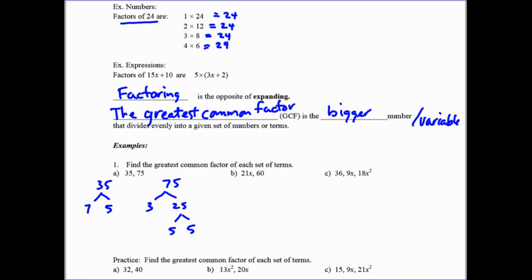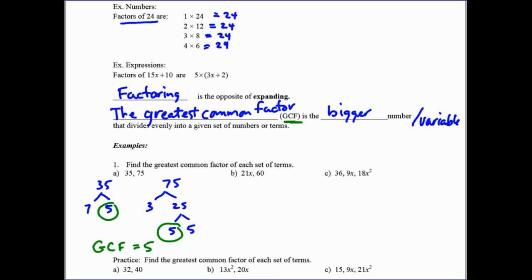So 5 and 5 make 25. So there we have now found a common factor. And it's the greatest one because it's the furthest up on the division tree. These are division trees. So that's where our common factor is. So therefore our GCF is 5.